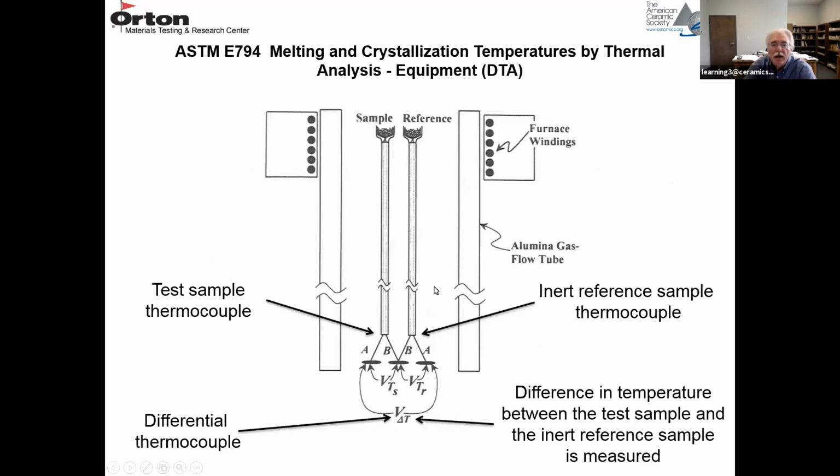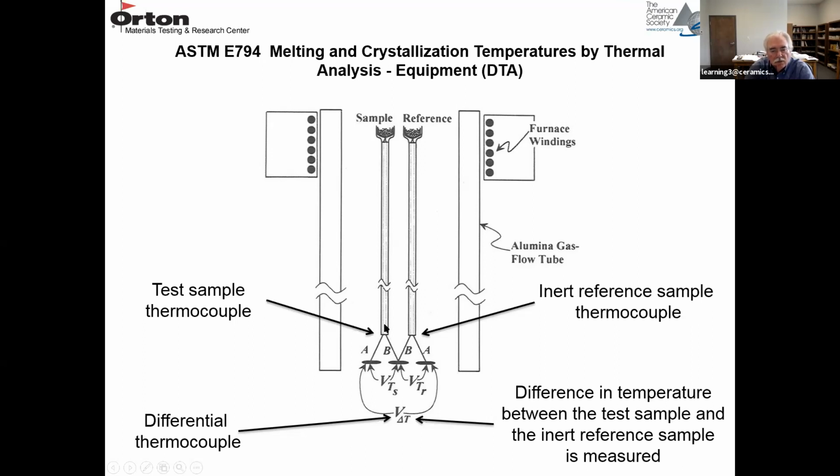So this is a schematic diagram of a DTA. The heating elements, so your furnace, is up here. And there are two rods that extend into the furnace. One is supporting the sample and one is supporting the reference. So there's a small crucible sitting on top of these rods. They're usually made out of aluminum.